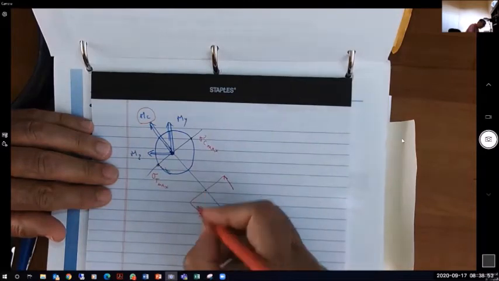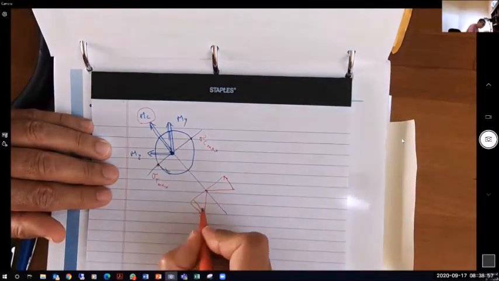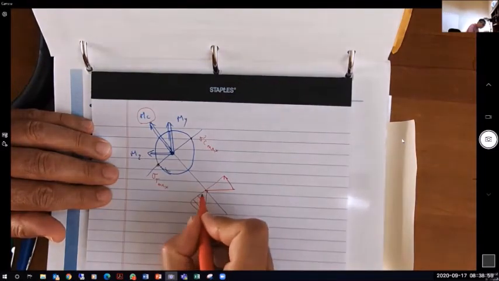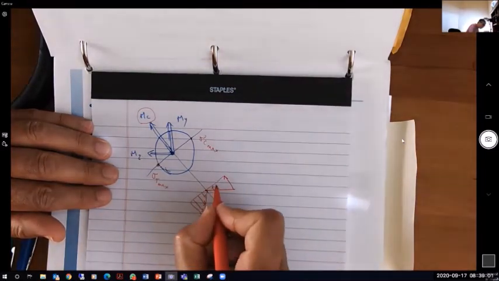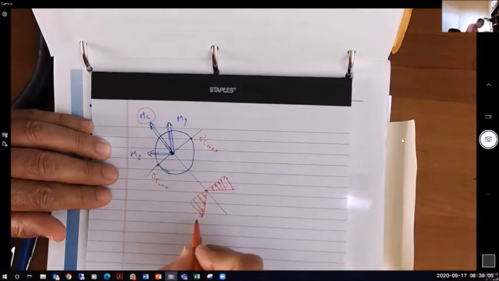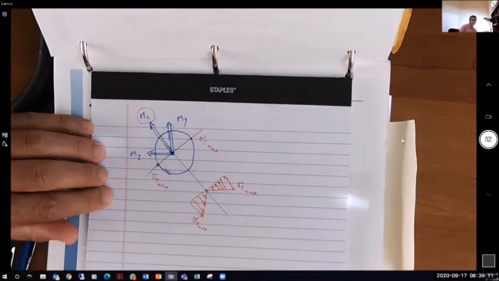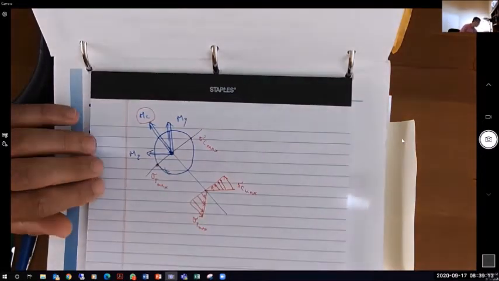At the neutral axis, I have zero stress. So this is sigma T max, and this is sigma C max. We're all good so far?